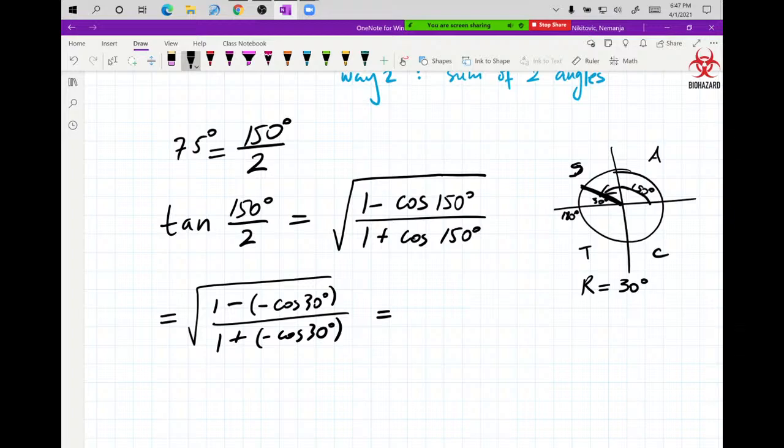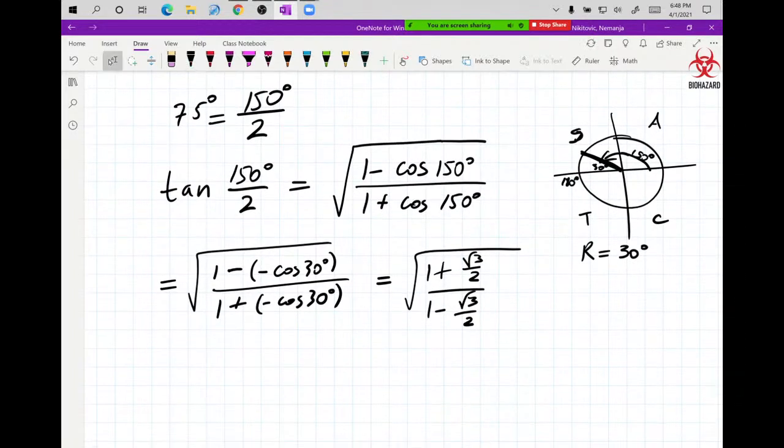And cosine is negative in the second quadrant, only sine is positive, right? So we have negative cosine of 30, and that becomes 1 plus. Now, cosine of 30 degrees is root 3 over 2, divided by 1 minus root 3 over 2.